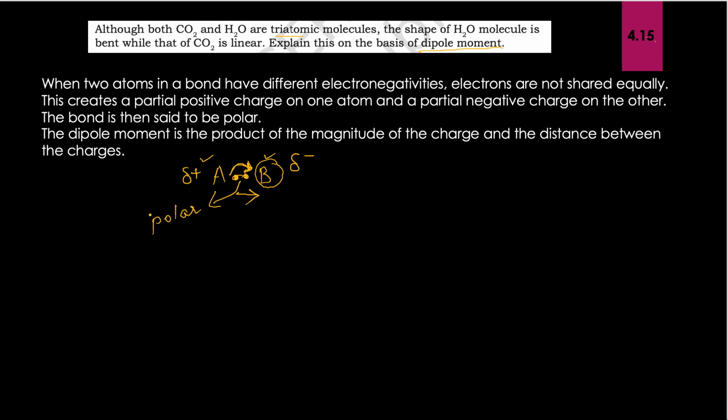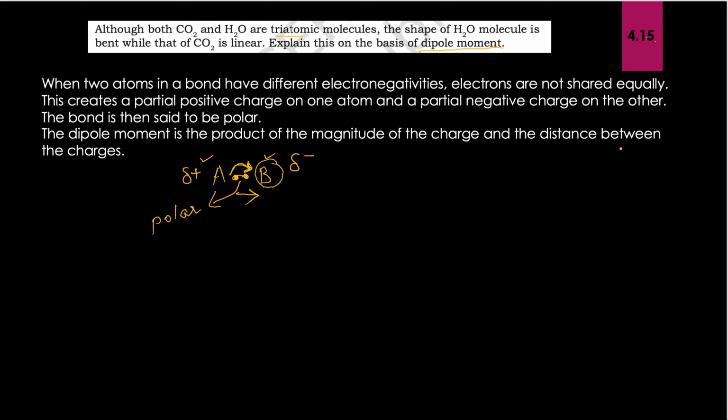Alright, and a polar bond explains a dipole moment. So when you look at this particular molecule, it has a particular direction in which the charge is moving, and also there is a certain distance between both these charges that are formed. So basically that is dipole moment. Dipole moment is the product of magnitude of the charge and the distance between them.